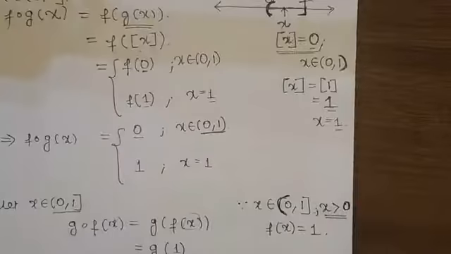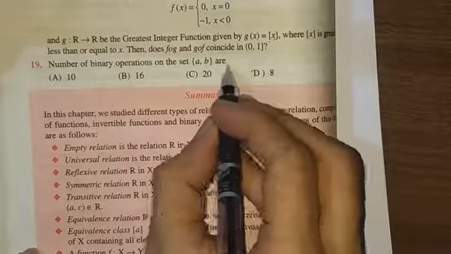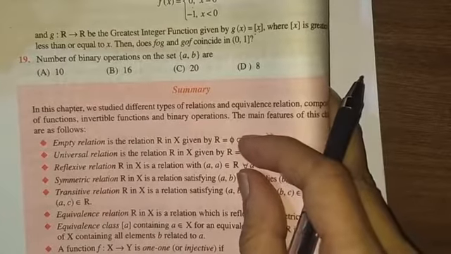Now let us go to the problem number 19. So problem number 19 is what? Number of binary operations on the set a comma b are. So you have to find the number of binary operations on the set a comma b.